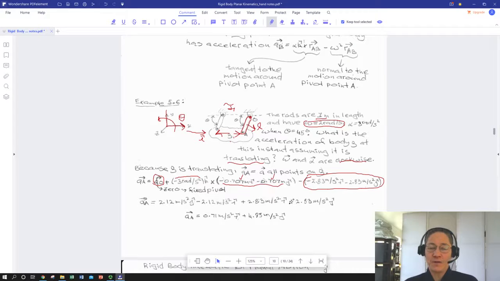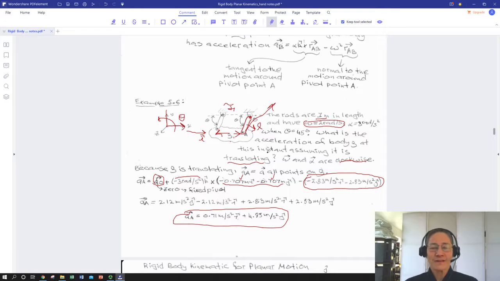And here's some steps through the algebra, and we end up with an acceleration of point A of something in the positive I hat and J hat directions. So it's something like that. Totally different than our angular accelerations and velocities.